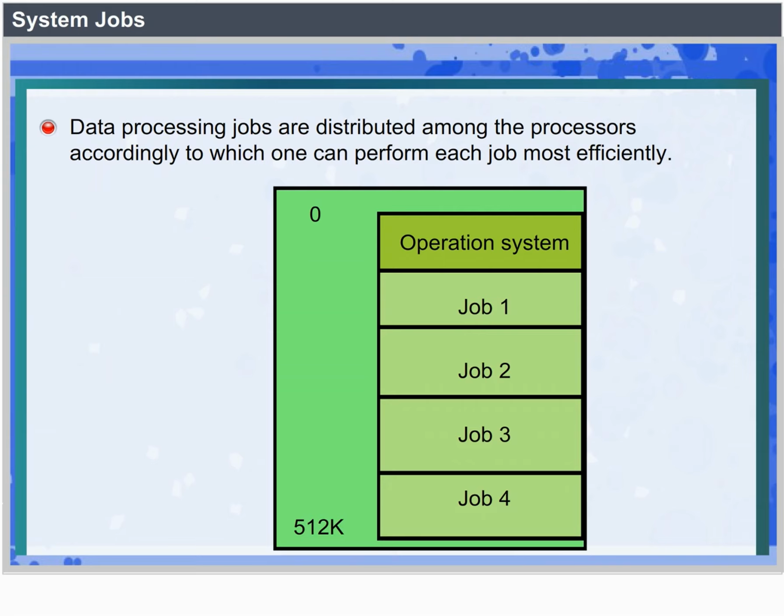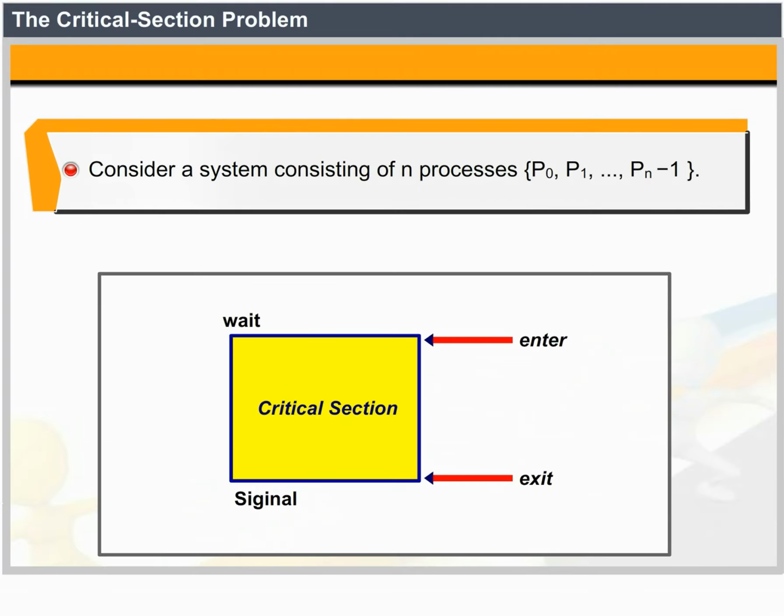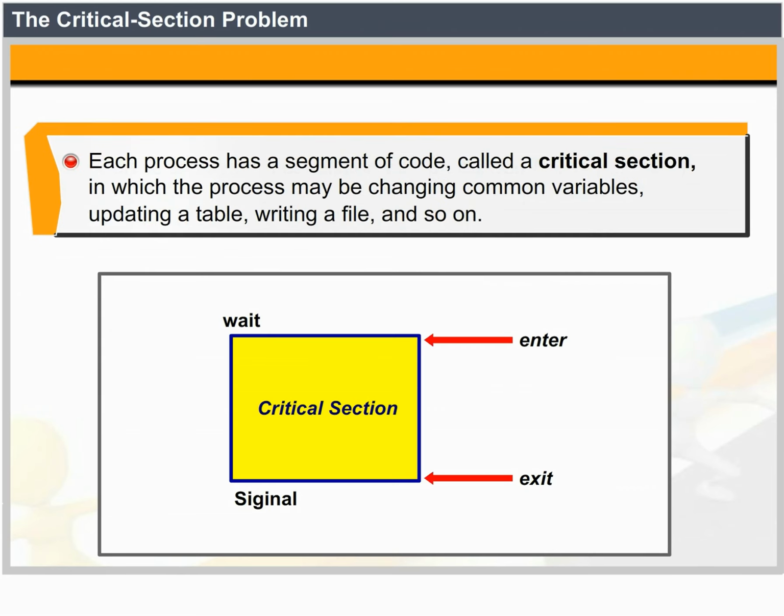The critical section problem. Consider a system consisting of n processes, that is, P0, P1, and so forth, Pn-1. Each process has a segment of code called a critical section in which the process may be changing common variables, updating a table, writing a file, and so on.